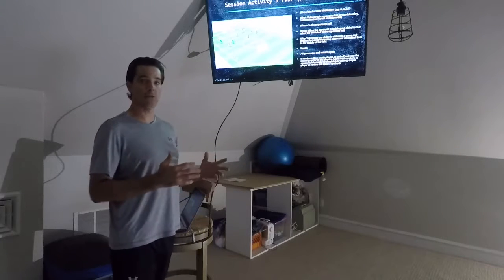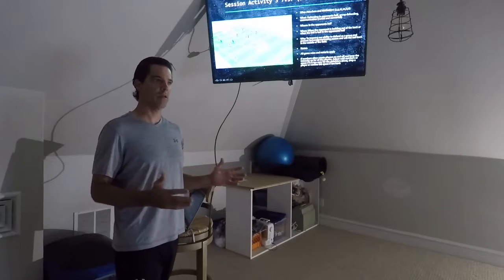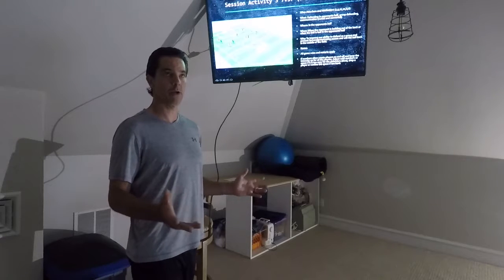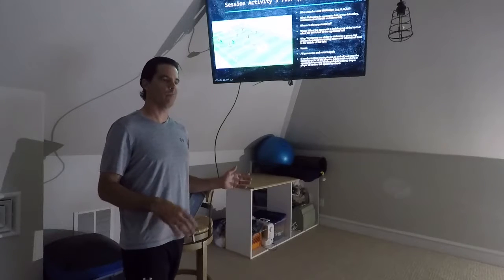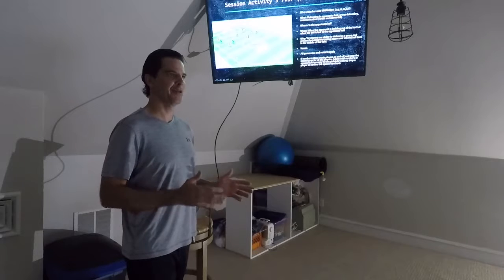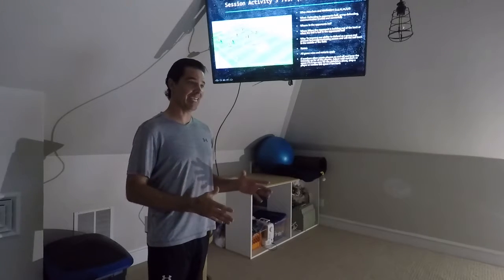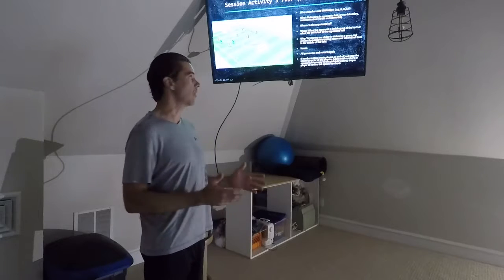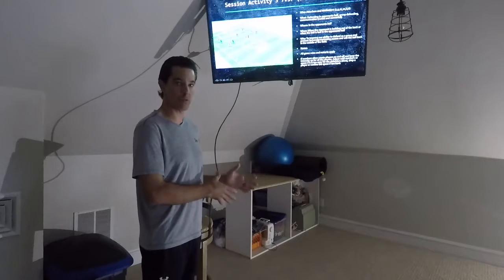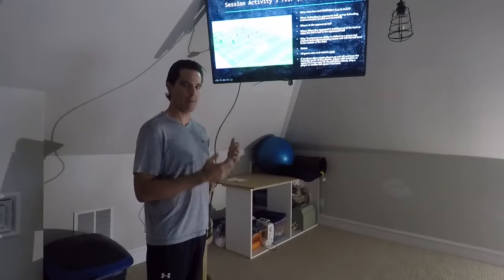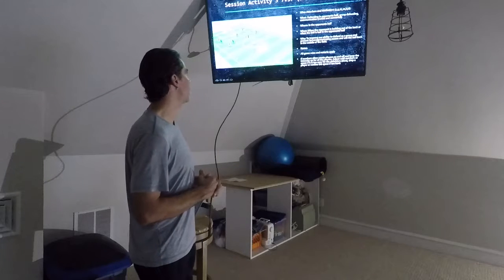We might have 1 or 2 substitutes. We have a roster of 20, 21 now, and unfortunately we only get about an average of 16 at practice. So this would be a full squad on a normal day, and they would be going at it.